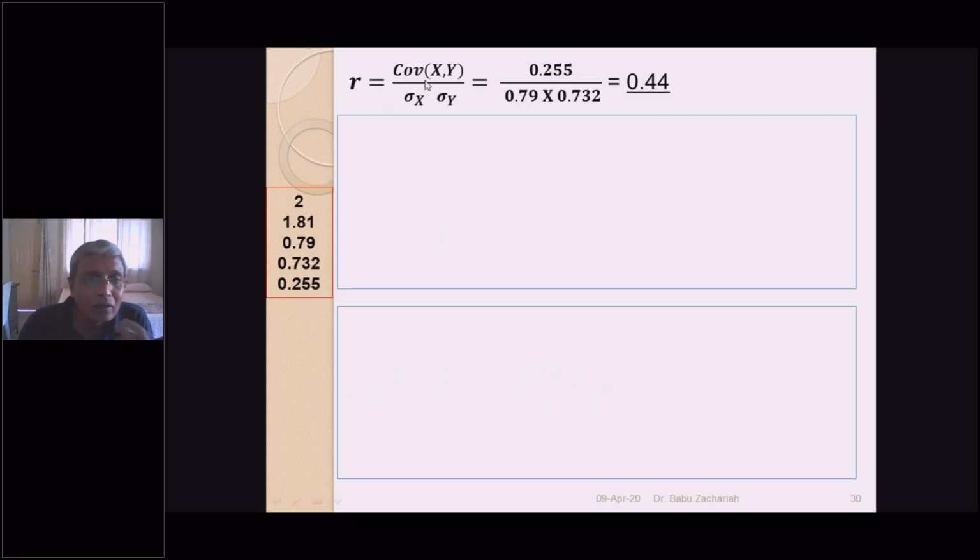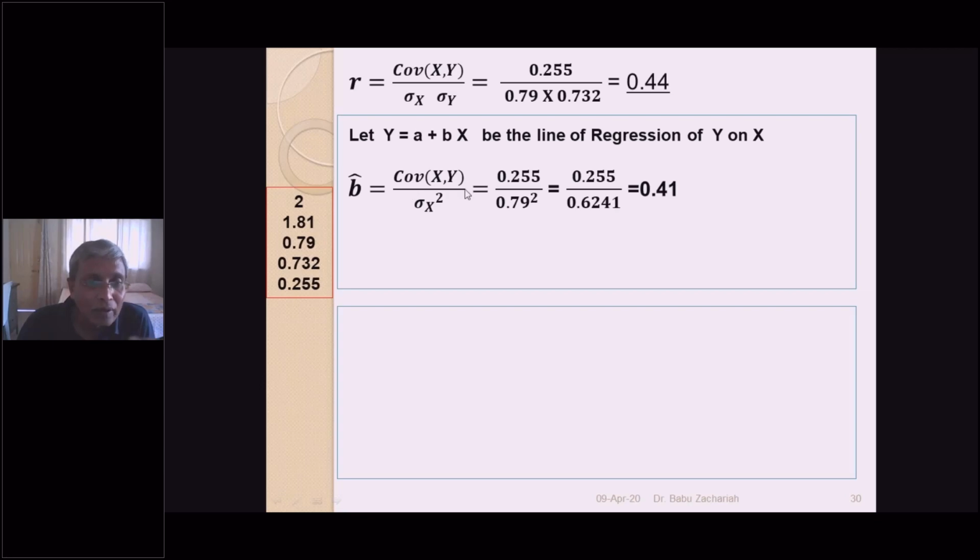So R is equal to covariance between xy divided by sigma x into sigma y. So 0.255, you can see from the table on the left side, and sigma x is this, sigma y is this. I got this. And first line of regression is this, and we had covariance between x, y by sigma x squared. So from left side I can substitute.